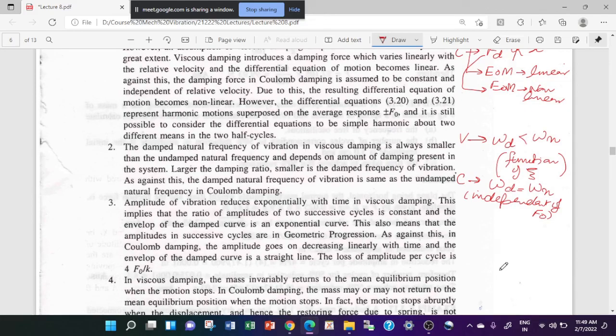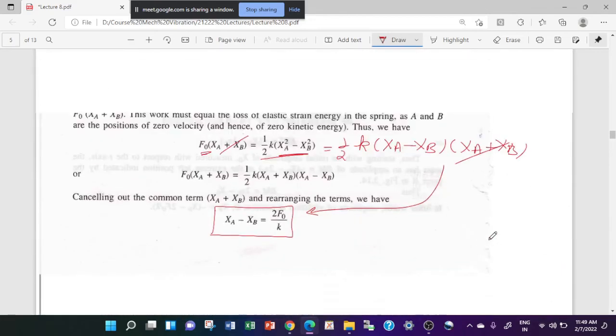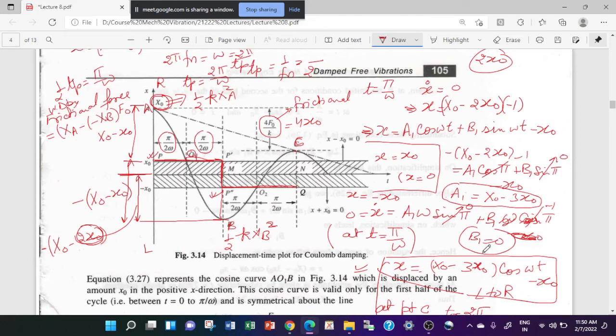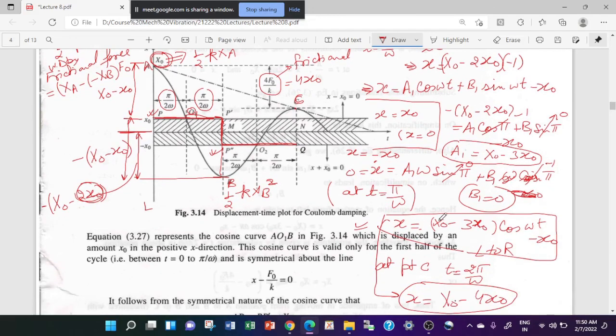Now for the third case, let me again go back to this here. You can see you have a decay of F naught upon k for every cycle. So this will basically form a linear curve. This is your linear enveloping curve for the decay in the amplitude.